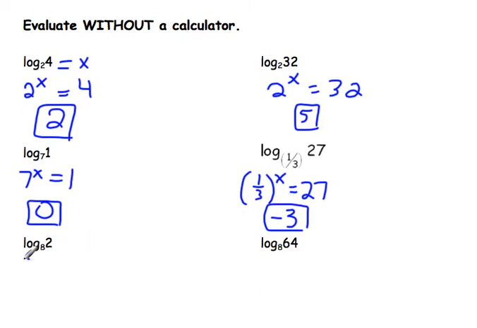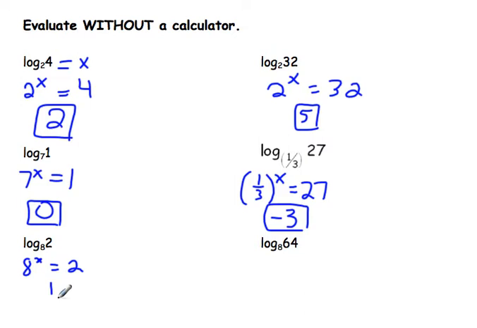Next one, 8 to what power would give us 2? Now notice that I'm getting smaller, so I'm going to have to take a root of 8 to get this 2. What root of 8 can I get 2? Well, another way to think of it is 2 to what power gives us 8? It'd be 2 to the third.